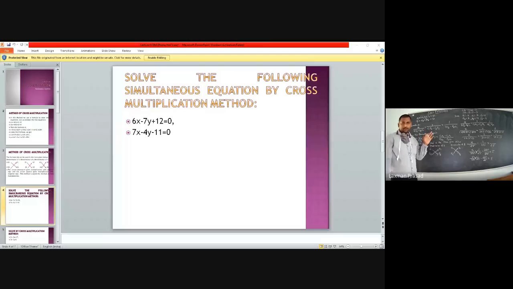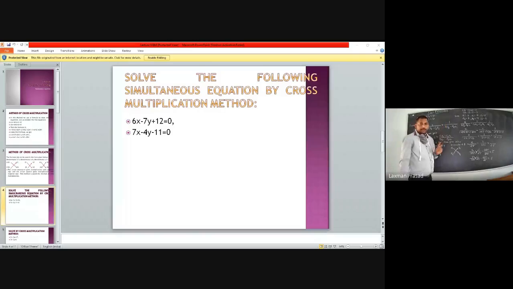So please note down. While solving by cross multiplication, this thing is mine: the denominator of x, the denominator of y, and the denominator of the constant, 1. Okay. So if you get this thing in mind, you can find out the formula, right? Cross multiply.